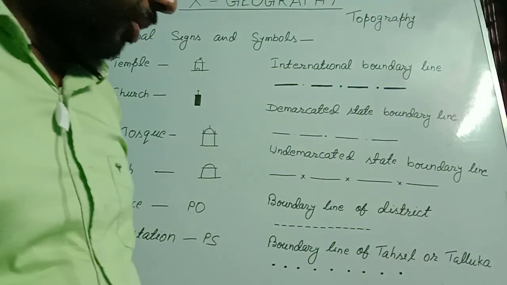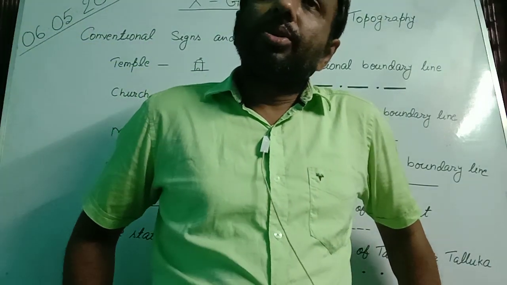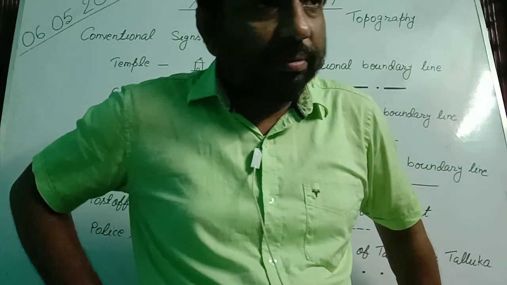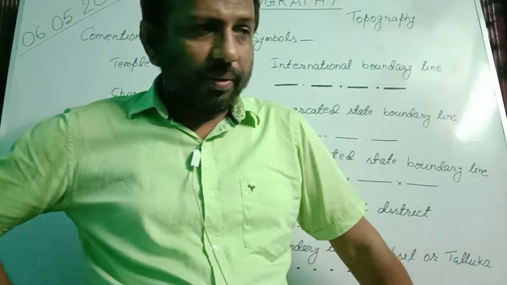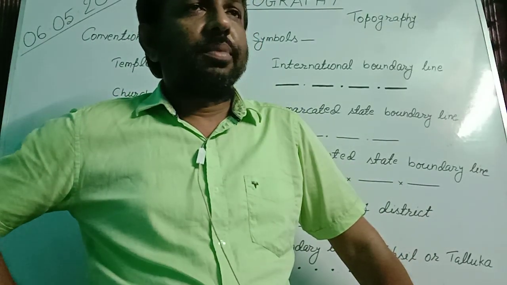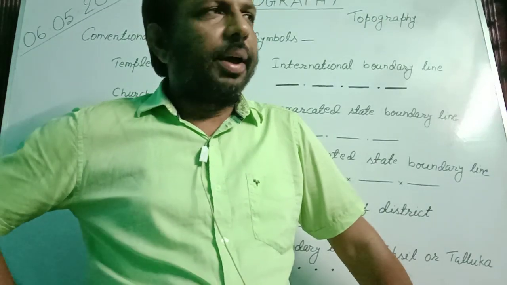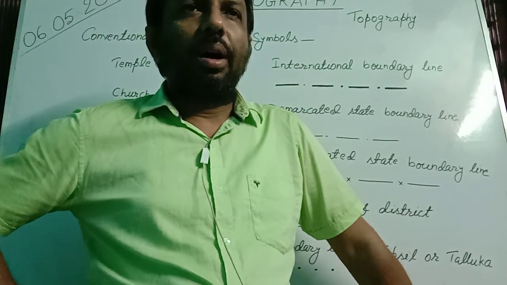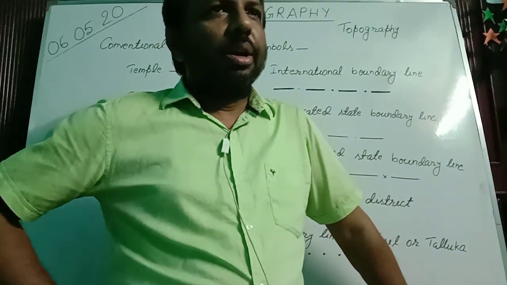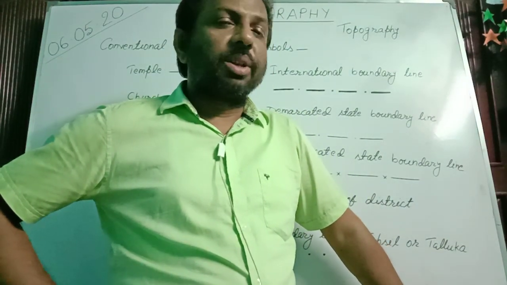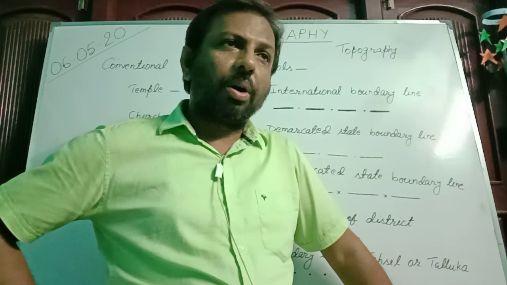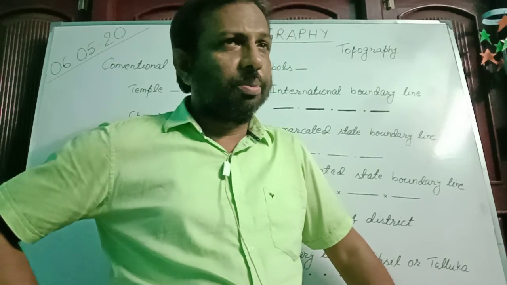Here again I want to repeat, 10 questions will come in the board examination. Each question will consist of 2 marks, so the total is 20, and 10 marks will be asked from the outline map of India. This is called Group A. That is the compulsory section. You have to attempt all the questions. There will be 2 questions.